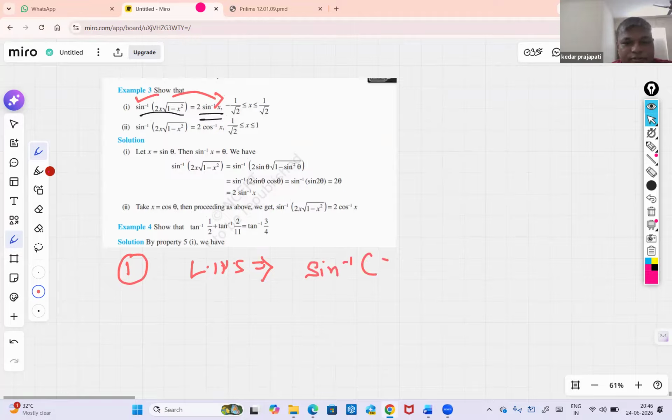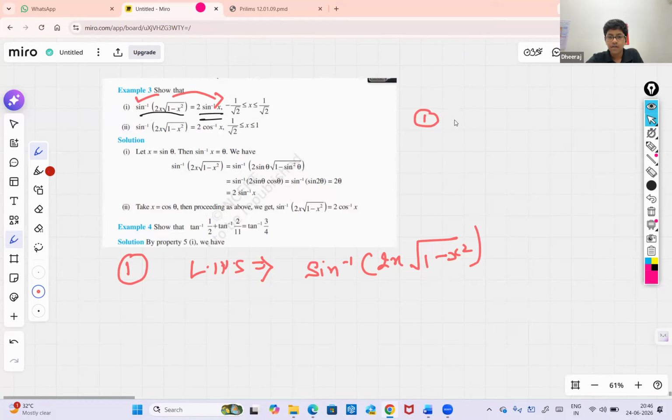sine inverse 2x over 1 plus x square. This question has come many times. What I have to do is, like you must have learned in 11th, about substitution.